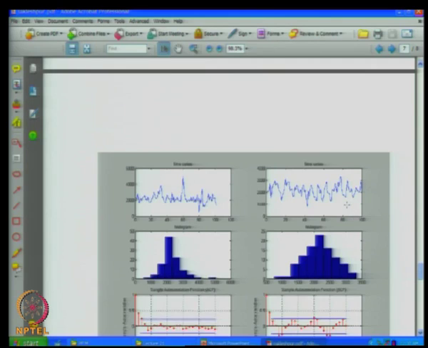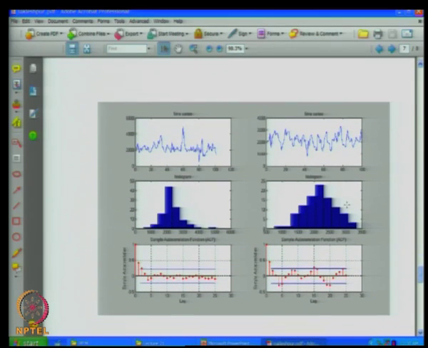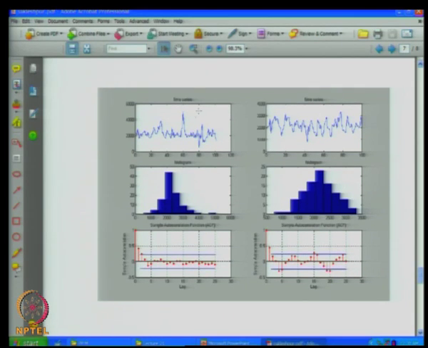So, we now compare how the original time series and the synthetic data appear. On the left side what you are seeing is the original time series, and this is the simulated data.